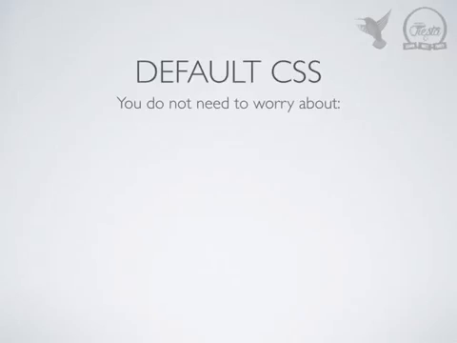So what you don't need to worry about. Typography. This is defined by default by Bootstrap, so you will have all the heading sizes specified for you, all the paragraphs, all the inline elements like strong, span, anchor, everything that is already defined. You just take the library and start using it right away.